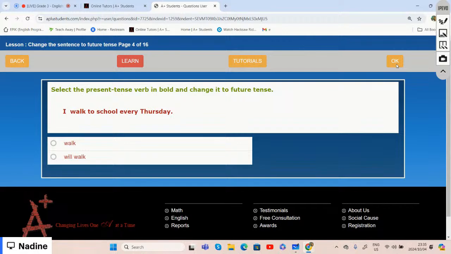All right, so I walk to school every Thursday. And if you write that in the future tense, do we say I? Option one, walk to school, or option two, I will walk to school every Thursday.